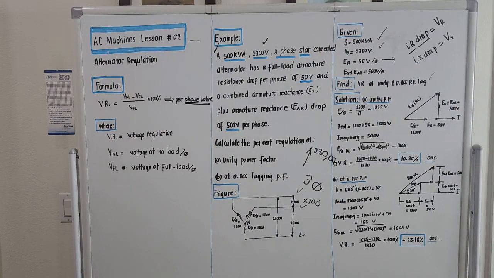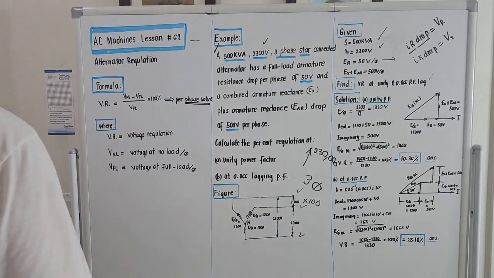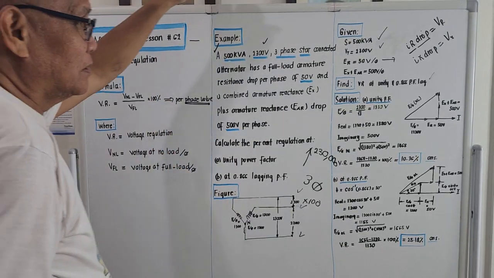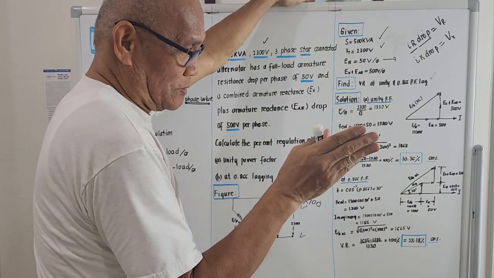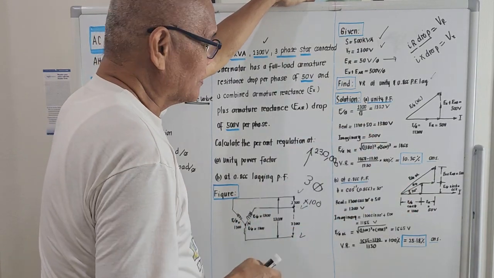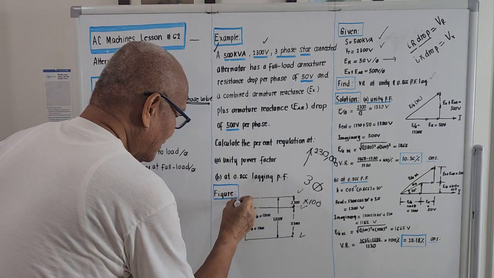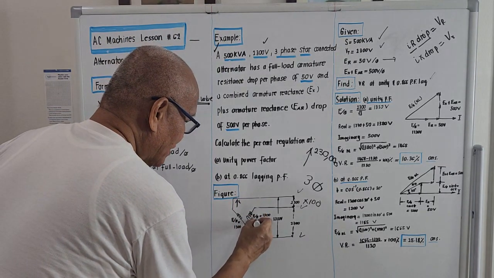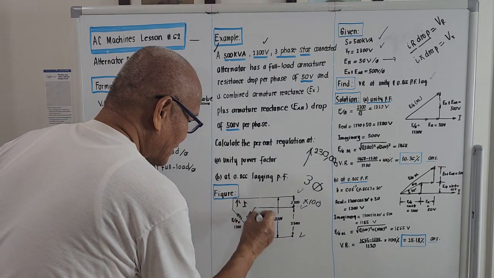Okay, let's try to bring out the solution. To bring out the solution, we shall draw the vector diagram of the current and voltage per phase. Of course, there is a current coming out here, and so with here. That's the current.